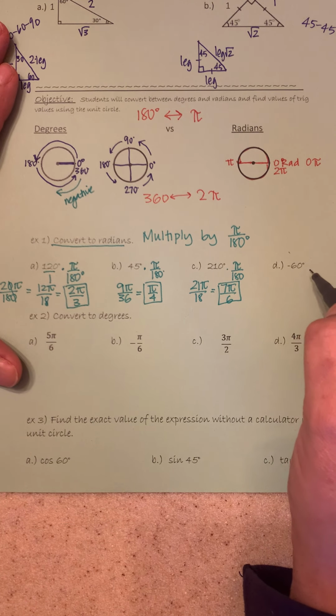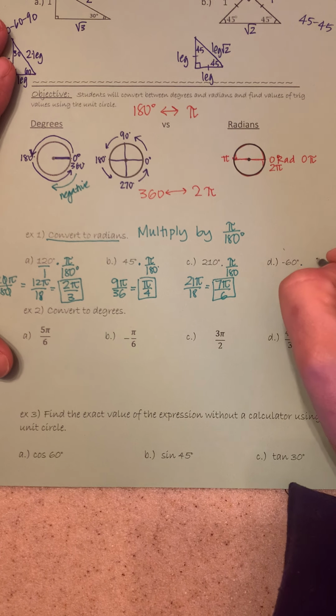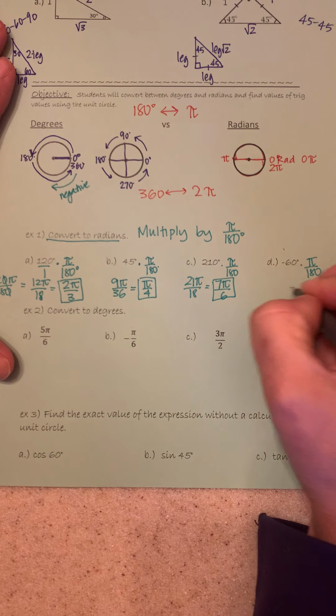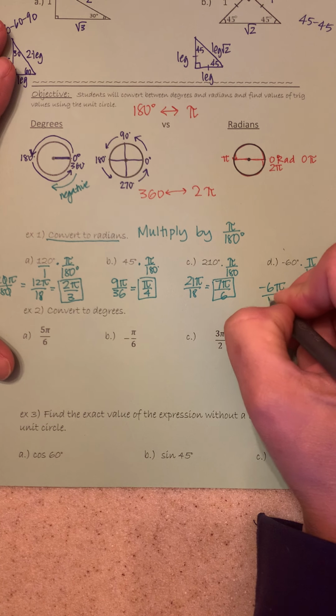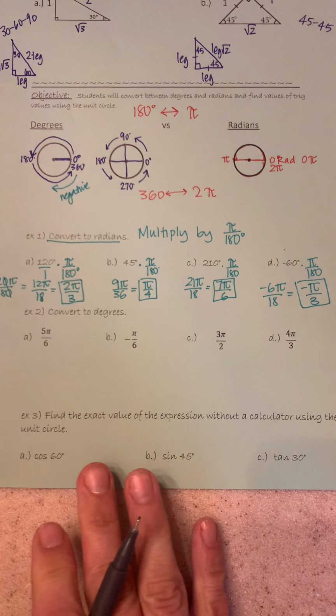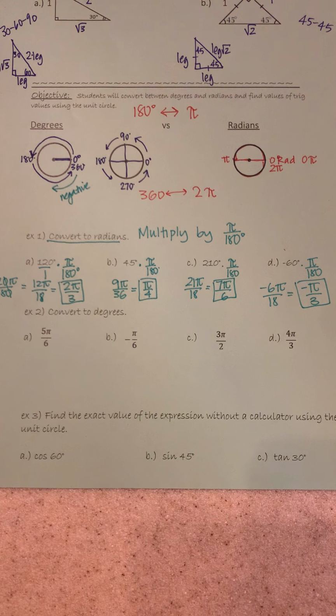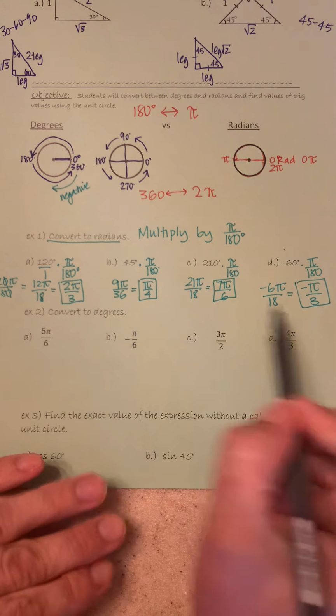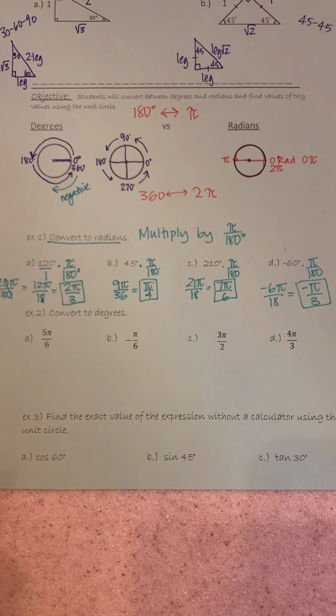And so if we're switching this to radians, we're still going to use it as a negative. So I'm going to drop off the zeros. I can divide those both by 6. So negative pi over 3. So that's switching things over to radians. So that'll be part of your homework tonight. We'll practice that more tomorrow when I am back as well.